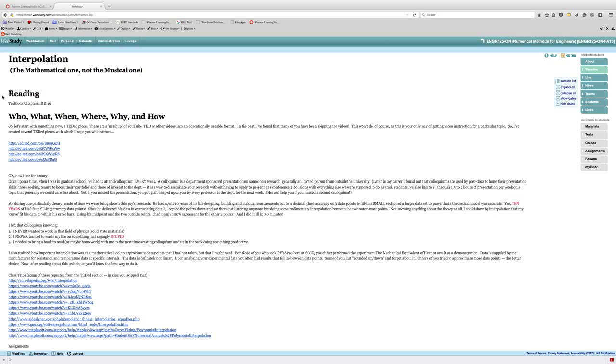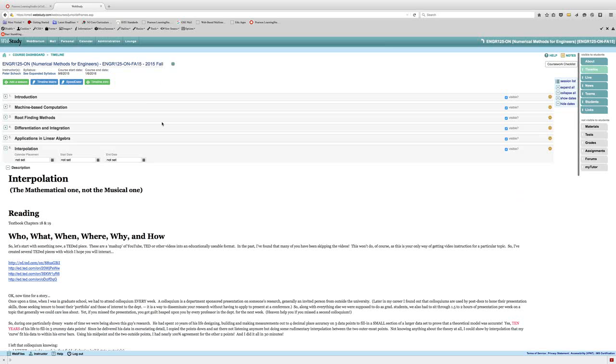And then I put in the reading right up front so that they know what they should have read and where all of their resources are. Now, the book for this happens to be online, so they do not have to buy the textbook. And that was under the intro section on the original piece. Up here, they can get the textbook.